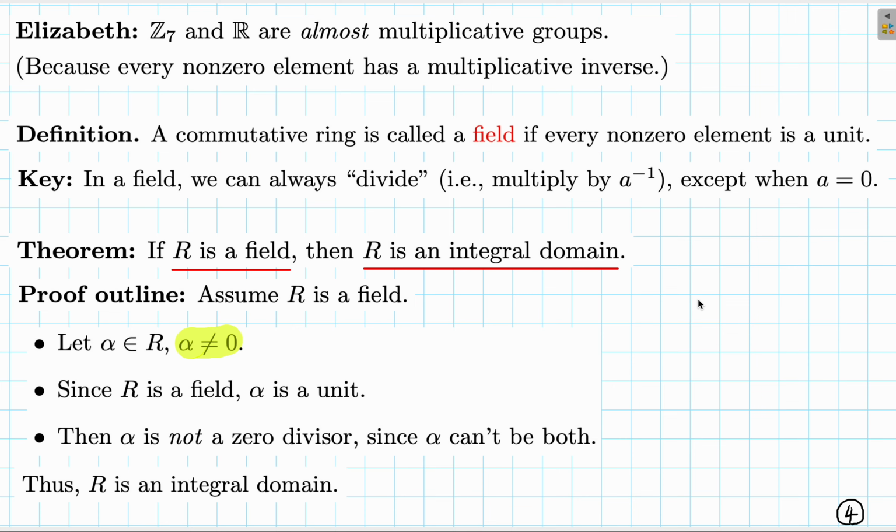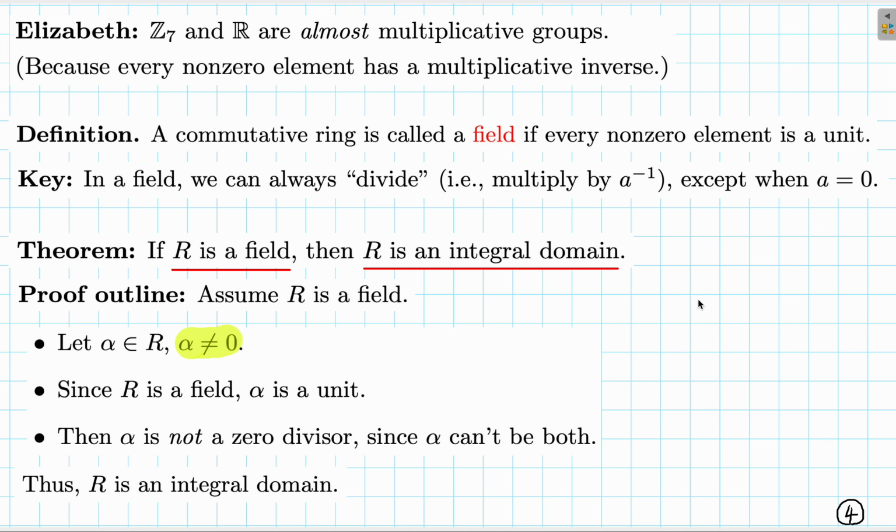One more remark about this theorem is that its converse, namely, if R is an integral domain, then R is a field, that's a false statement. And the ring of integers Z would serve as a counterexample.